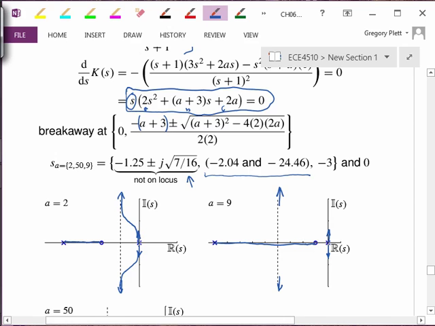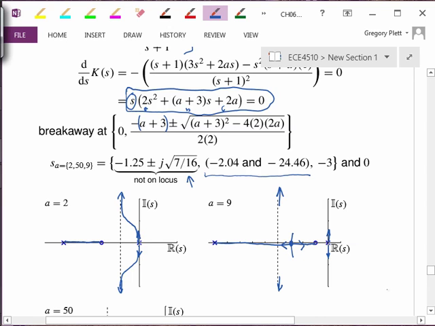So I've got minus 1, 2, 3. I've got a point right there. Well, this is really fascinating. If we hadn't solved for the breakaway points, we would be tempted to think that the root locus looked a lot like what happens when A equals 2. But because we did solve for the breakaway points, we know that can't be true.